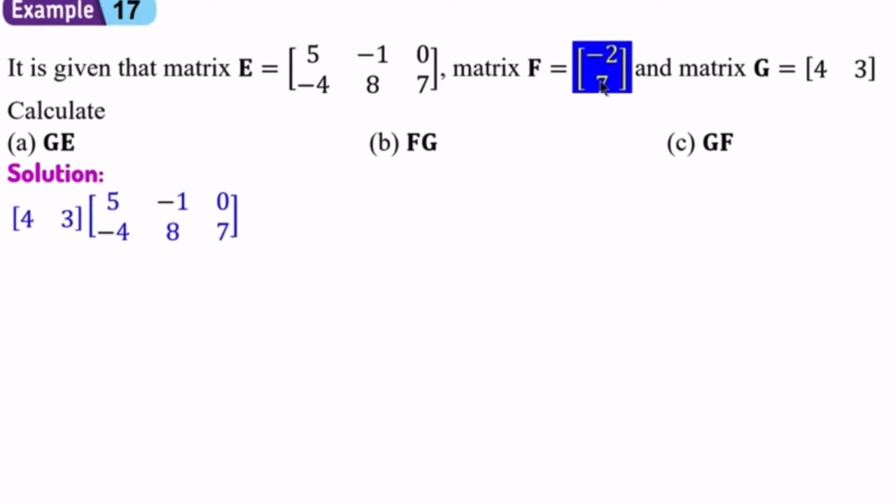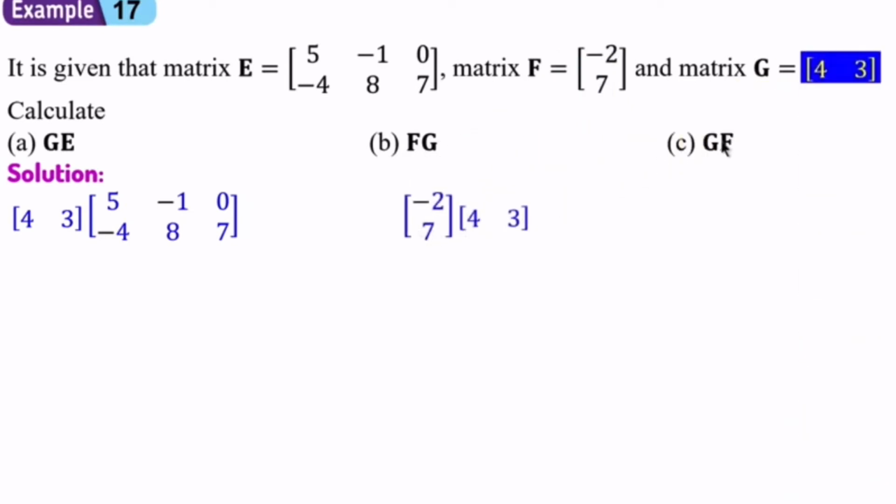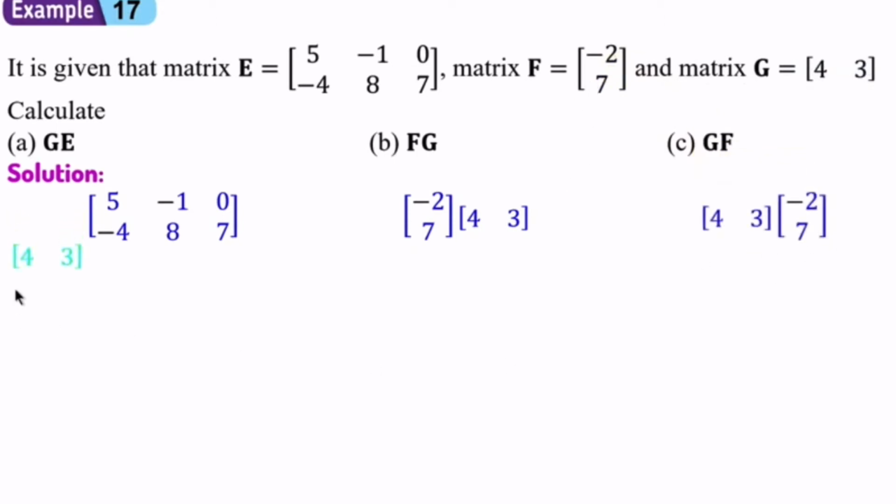Let's multiply carefully. For FG, we will take matrix F times matrix G, and for GF, matrix G times matrix F, so we write the matrices following the order given.